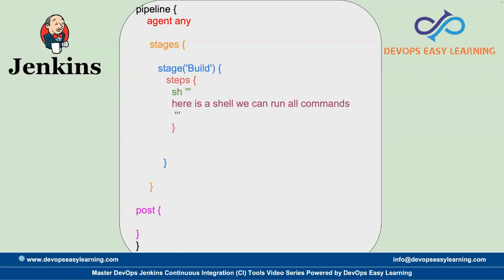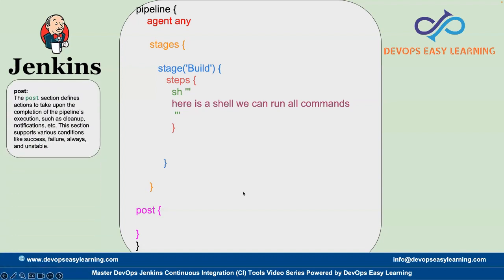It has nothing to do with the build itself. For the post action to happen, the build must be successful, meaning that all the stages must be successful before we can reach the post action. So the post is something that happens after. The post section defines actions to take upon completion of the pipeline execution.